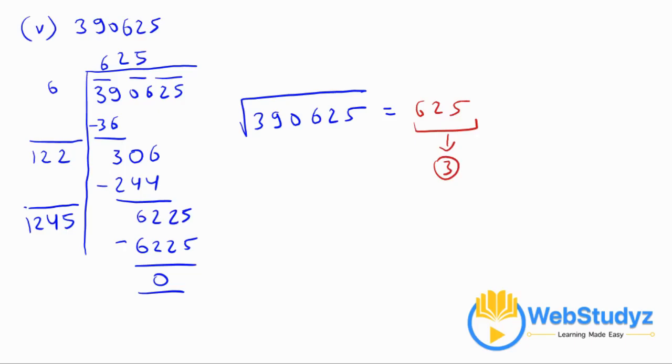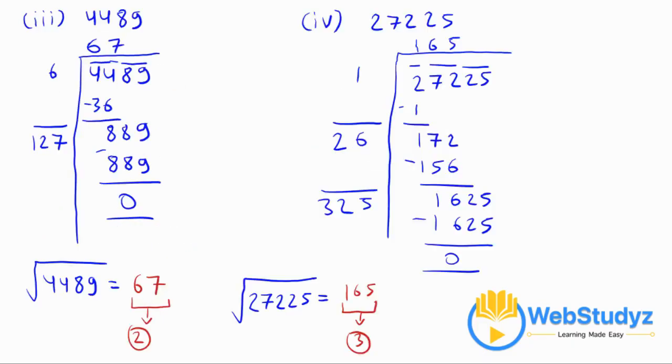So we can see a pattern: if we have 3 pairs, we get the number of digits as 3. If we have 2 pairs, we get a 2-digit square root.